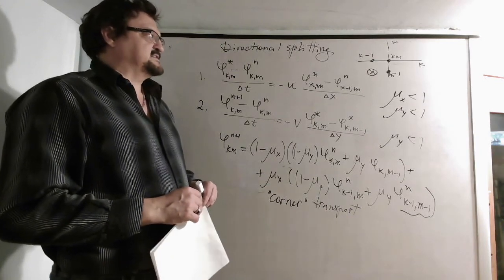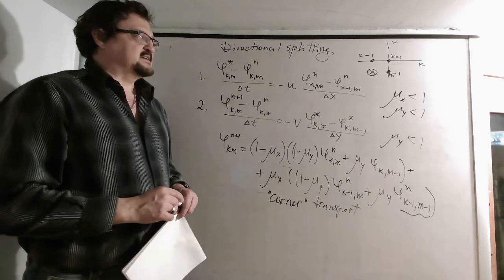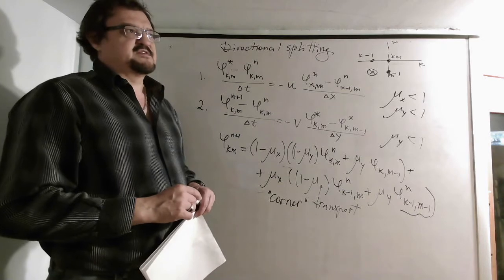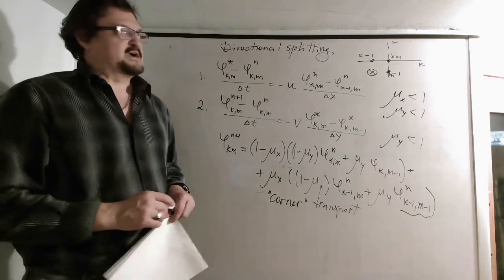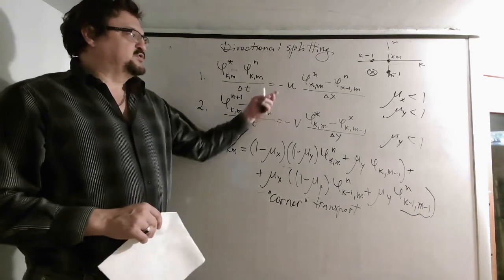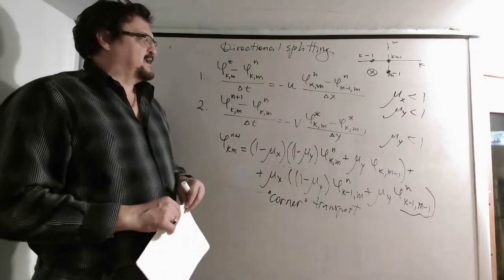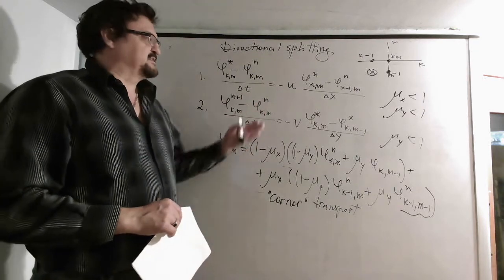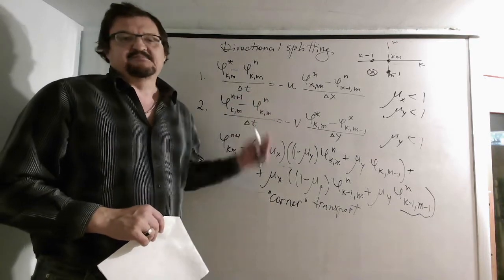The problem is that when you directly split, you lose some information about the three-dimensional structure of the flow. In this case, U and V are constants, and because we consider linear stability and everything is linear, it doesn't really matter.